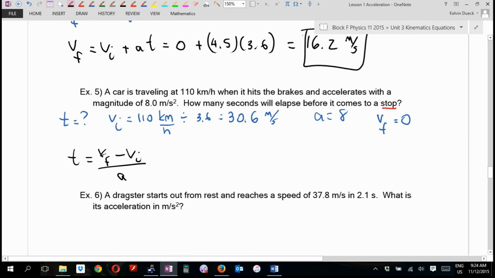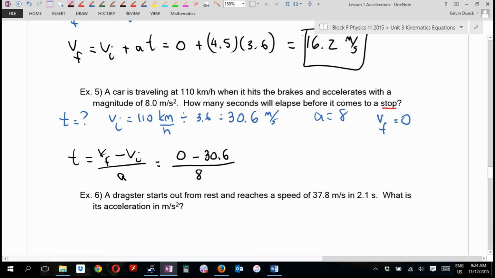I can derive that equation with some grade 8 equation solving. It's going to be 0 take away 30.6. And again, I'm going to write 30.6 here, but I'm going to use my answer button on my calculator. Divided by 8.